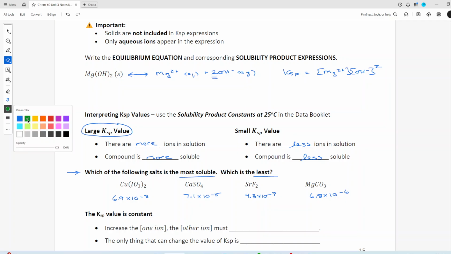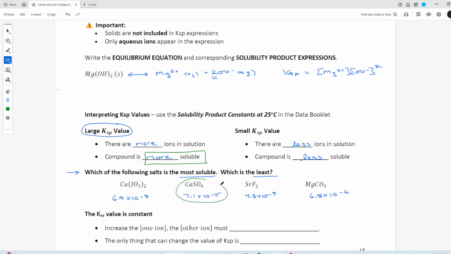Remember, the larger the KSP, the more soluble it is. So which of these has the largest KSP? It's hard because they're negative exponents, but this is the largest KSP, so this would be the most soluble.